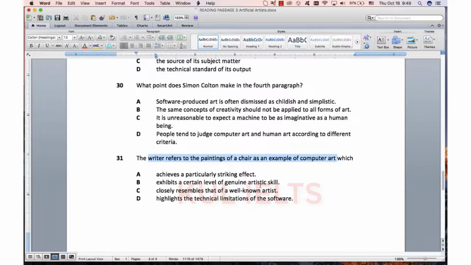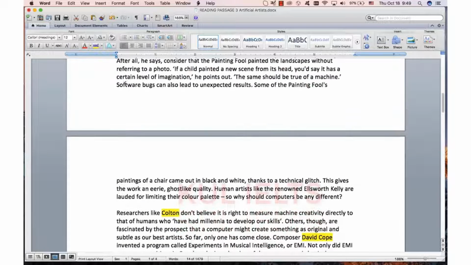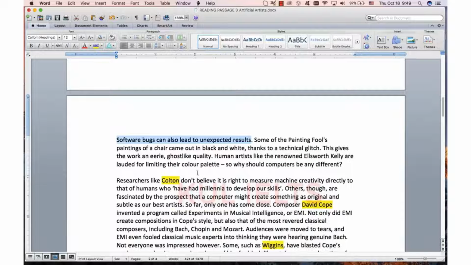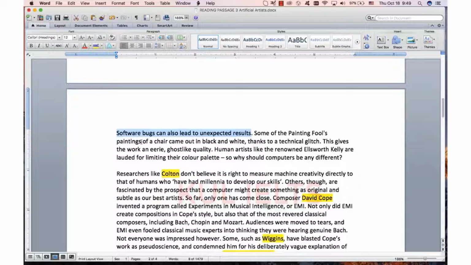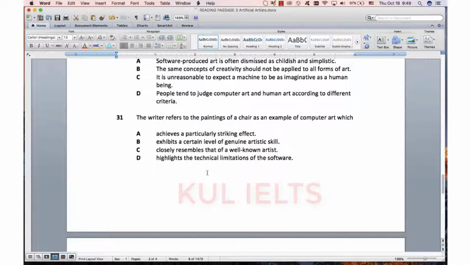And the painting of a chair, we saw that earlier. Why does he refer to the painting of a chair? An example of what? And it's over there. This should actually be a whole different paragraph, really. It should be that software bugs can lead to unexpected results. Then he gives the example of the paintings of a chair. Software bugs give unexpected results.